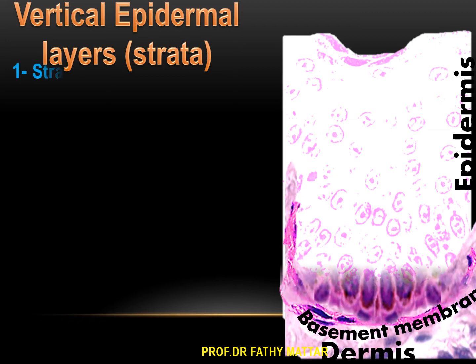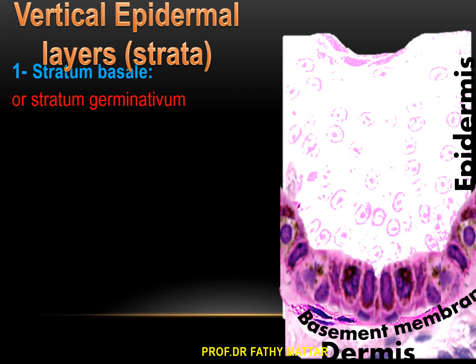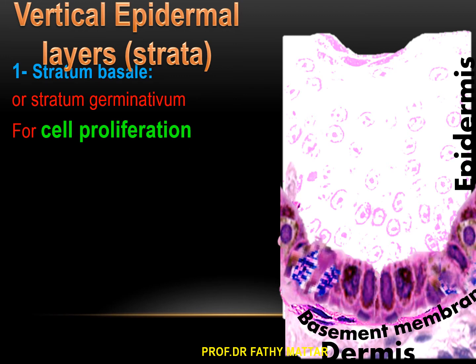On the basement membrane, the first layer of cells is called stratum basale, and it is formed of columnar to high cuboidal cells. It's also called stratum germinativum because it produces new cells by division or cell proliferation from stem cells and the other basal cells.